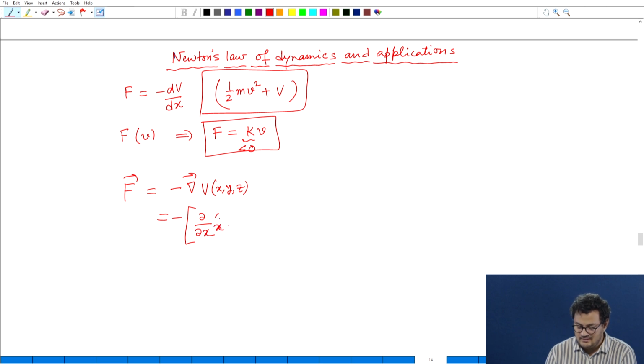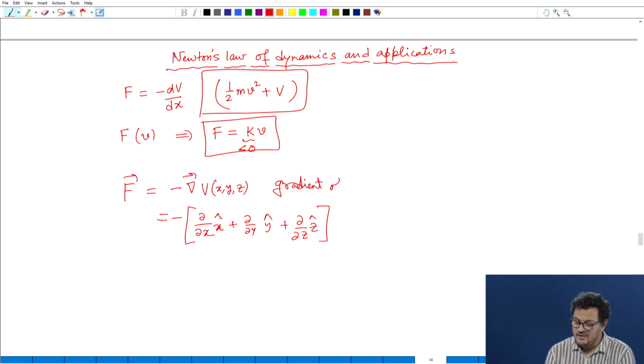I can write it as del del x, x cap plus del del y, y cap plus del del z, z cap. Nabla of V, also called the gradient of V, gives you a vector.